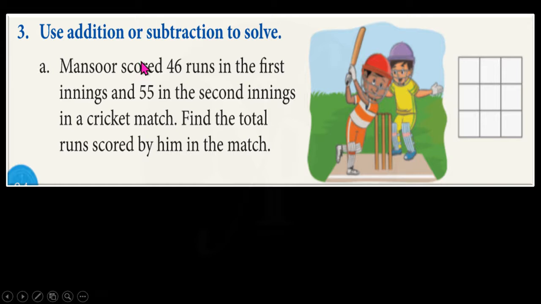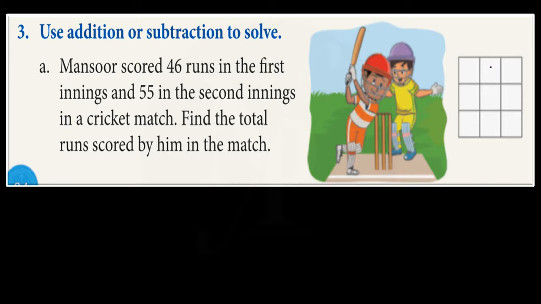So let us write down the runs scored by him in the place values table given here, and then we will add these numbers to find the total runs scored by Mansoor. Come on, let's find it. 46 is a 2-digit number.